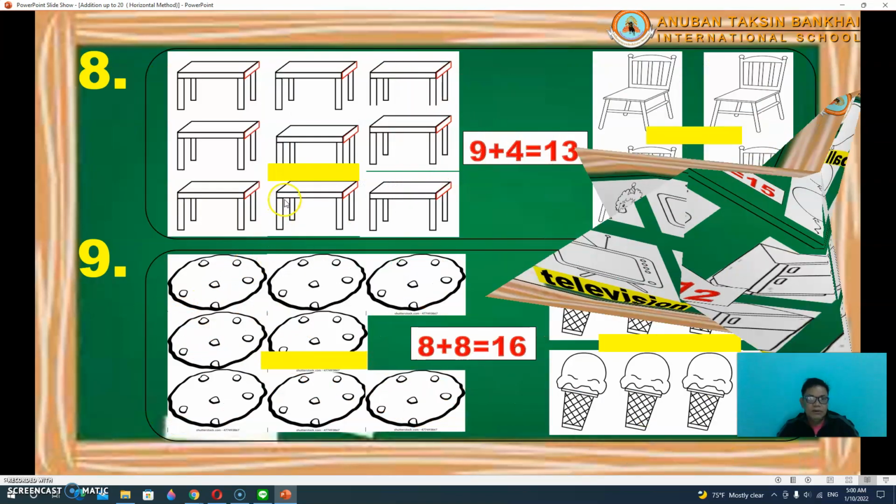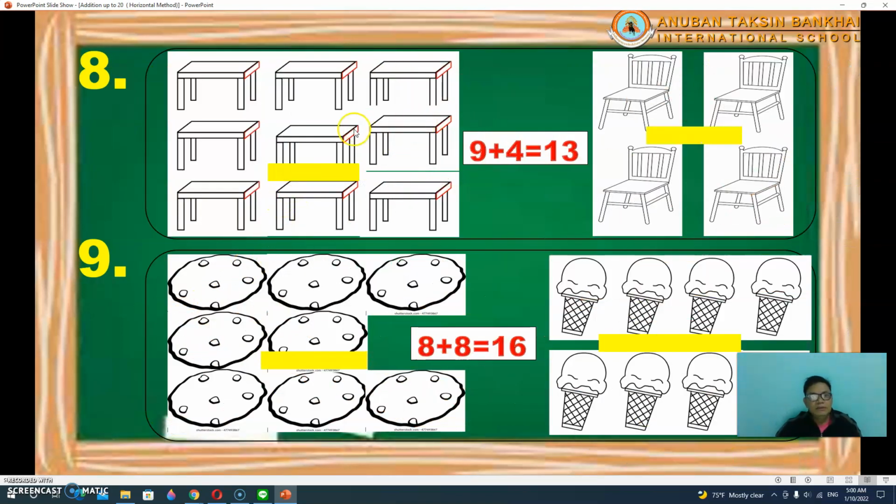And number 8, you look at the picture. What are these? These are tables. Correct. 1, 2, 3, up to 9. Okay, 9 tables plus. What are these? These are chairs. So, how many chairs? 1, 2, 3, 4.